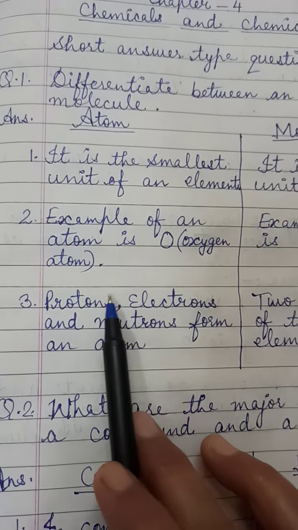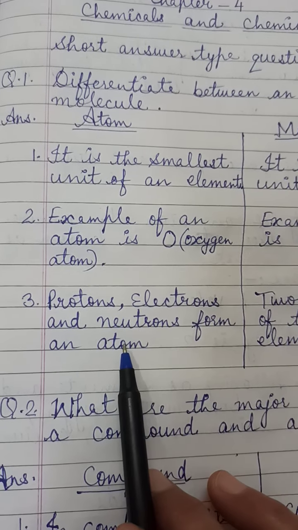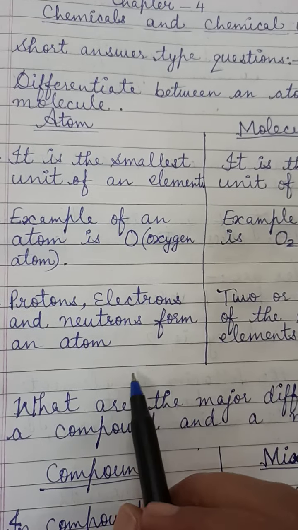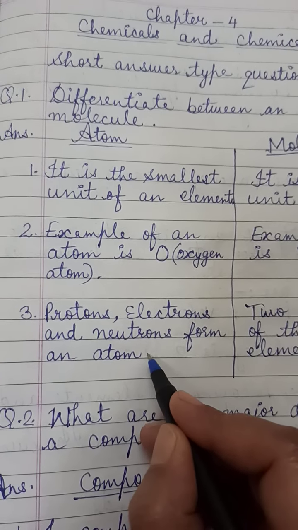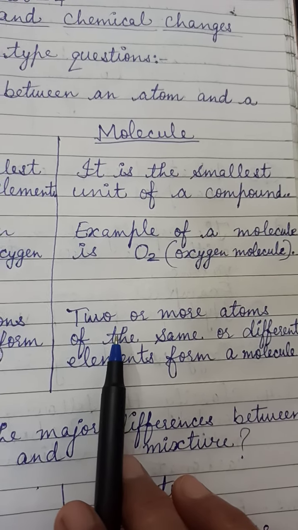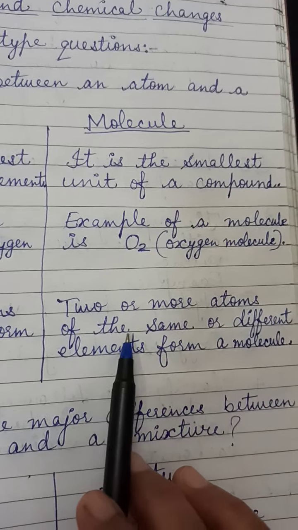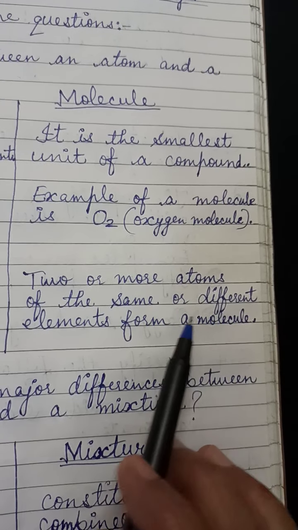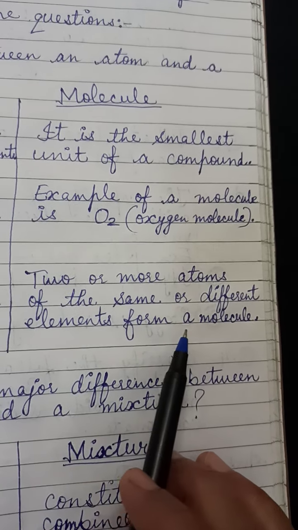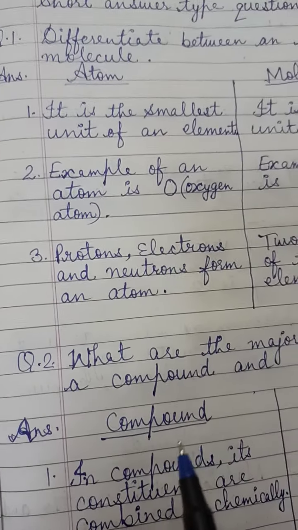So these three kind of particles, they form an atom. So this is the third difference. And in molecule case, two or more atoms of the same or different elements form a molecule. So these are the three differences.